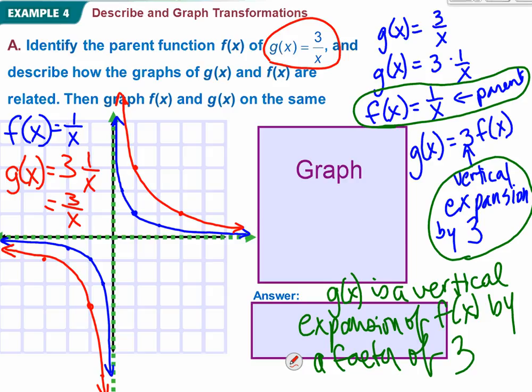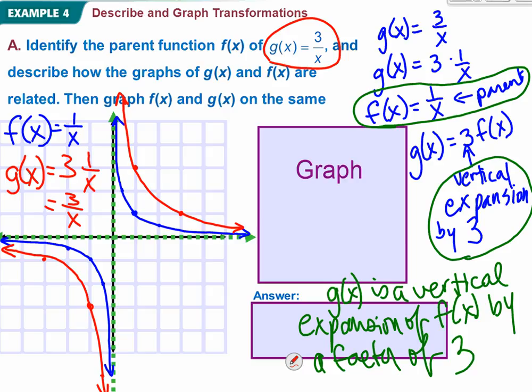Now, I want to think about the next function because the next function is the absolute value function. And I want you to think about if the number I multiply by is in the absolute value symbol or if it's out of the absolute value symbol. Do you agree that if the number is there, whether it's inside or outside, we would get the identical graphs?